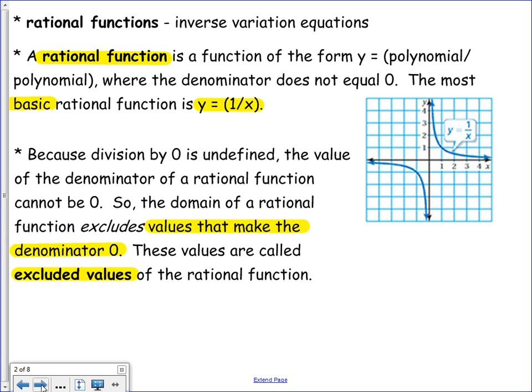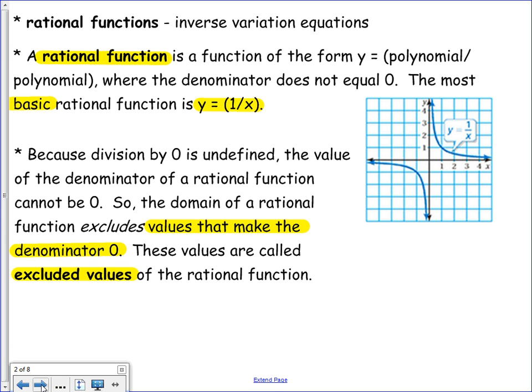A rational function is any function that has the form y equals a polynomial divided by another polynomial. The important thing to remember is that the denominator can never equal 0, because we can't divide by 0 in math. The most basic rational function is y equals 1 divided by x.